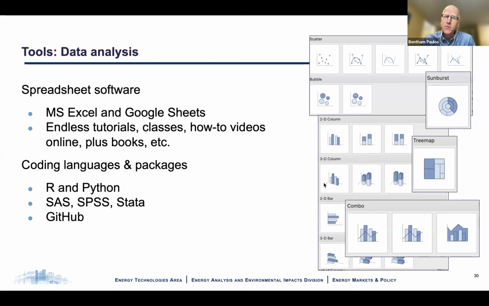Some of you, however, may have evolved beyond that into coding languages like R and Python. Then there are plenty of statistical packages like SAS, SPSS. A lot of programming things live on a website called GitHub, basically where people share their coding, their programming, and learn from each other.